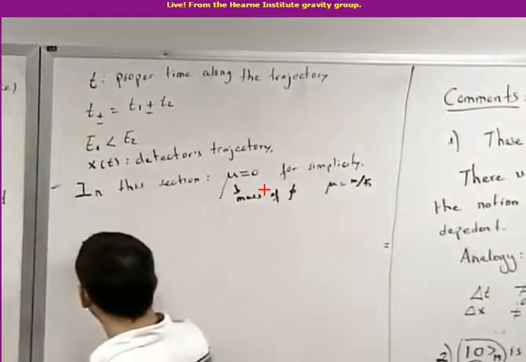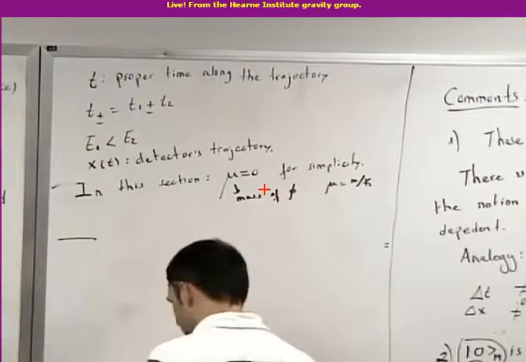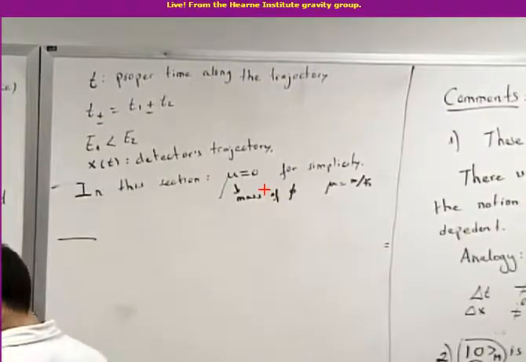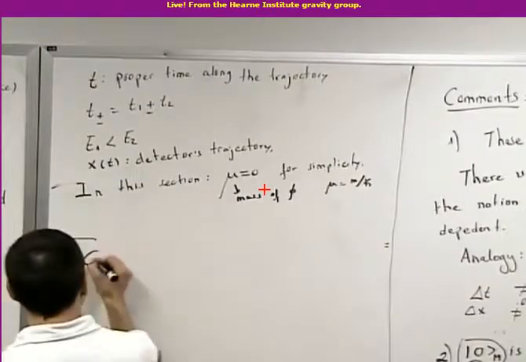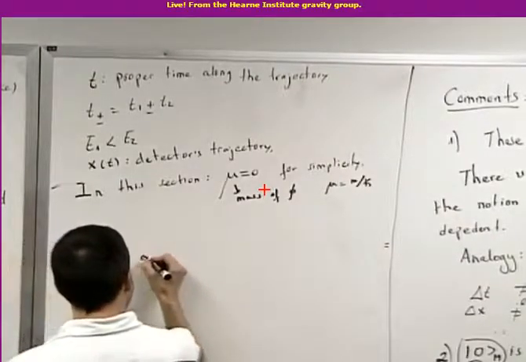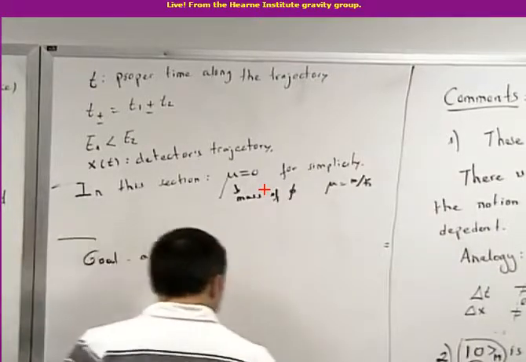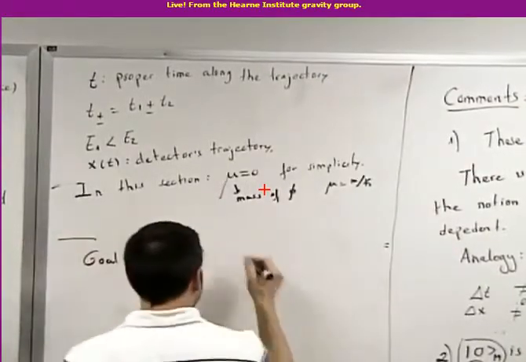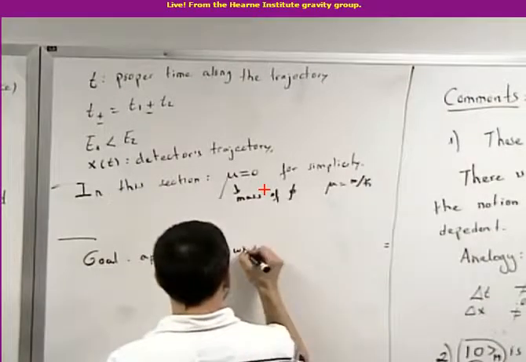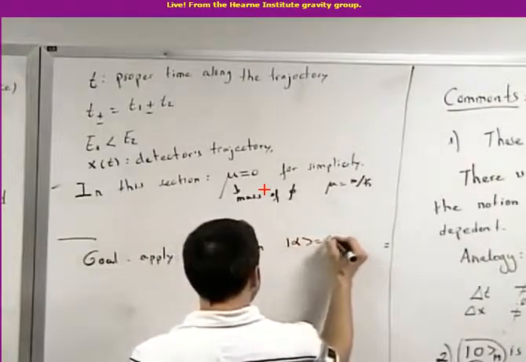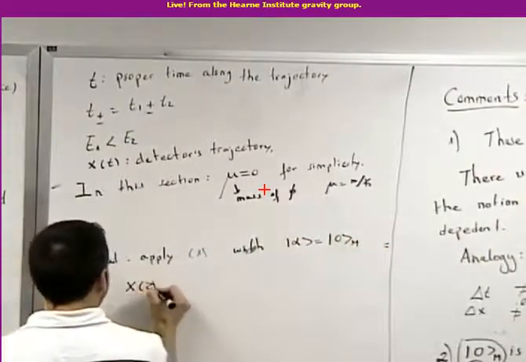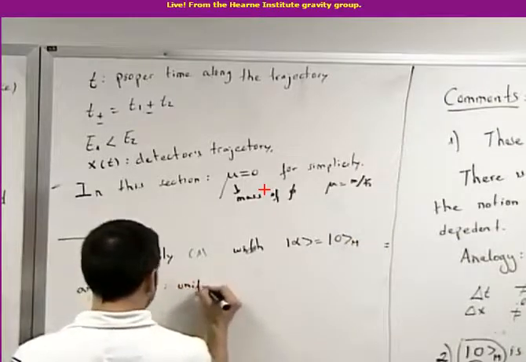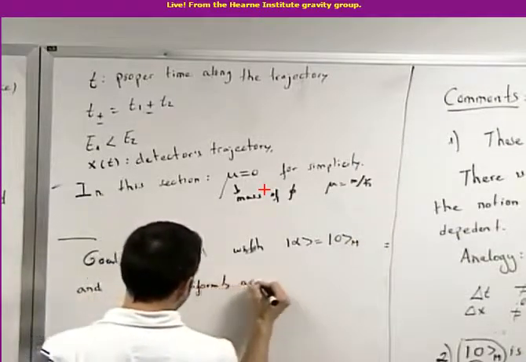So the goal now is to apply this. So I should keep a number here. I don't remember which number I was in. Let me just start from scratch. So the goal is apply this equation 1 with alpha to be the Minkowski vacuum and the trajectory a uniformly accelerated trajectory.